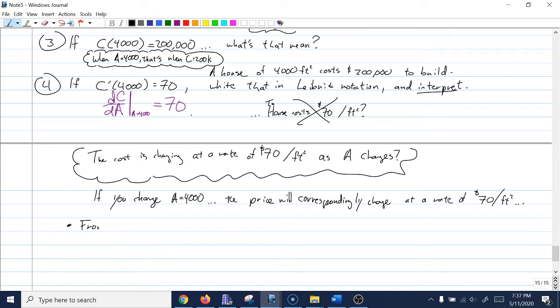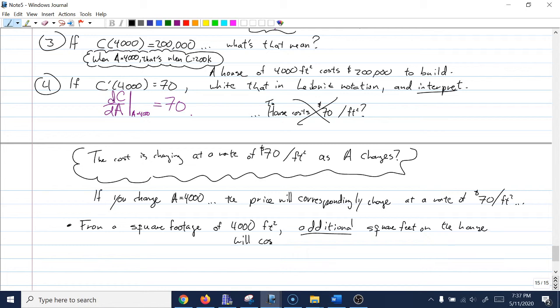From a blueprint, so from a square footage of 4,000, additional square feet on the house will cost about $70 per square foot.